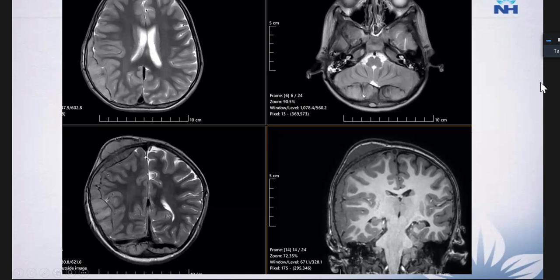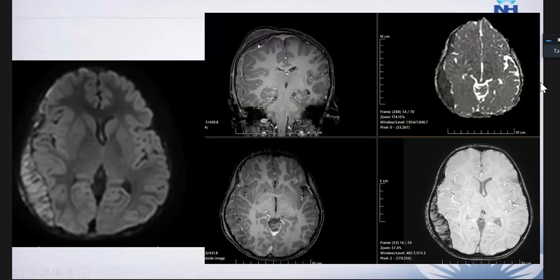Here, at the inferior part of the posterior fossa, you can see similar aggressive looking soft tissue lesions. These are the post contrast images, which show heterogeneous enhancement and associated dural enhancement. And these are the DWI and corresponding ADC images.